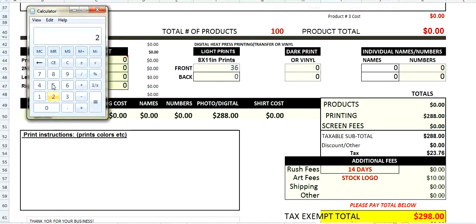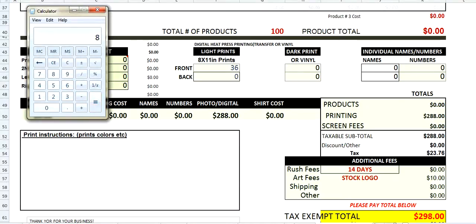So let's go 288, and let's find the division symbol. Divided by 36, and I hope that's the division symbol there. Okay, so we've got $8 a shirt.